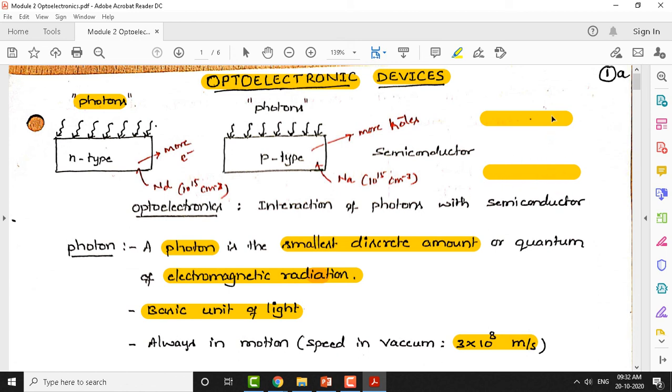What is this gap between the conduction band and the valence band, whether n type or p type? This gap is called the forbidden gap, forbidden energy.